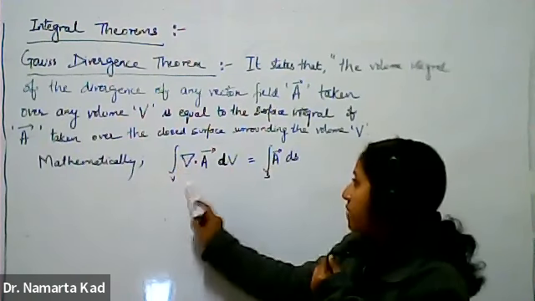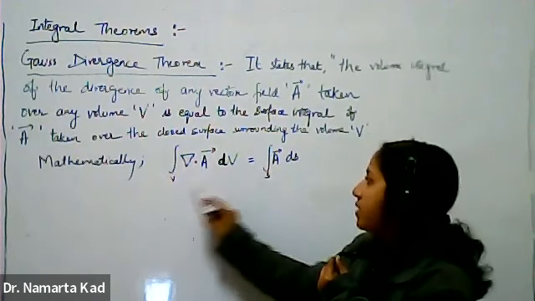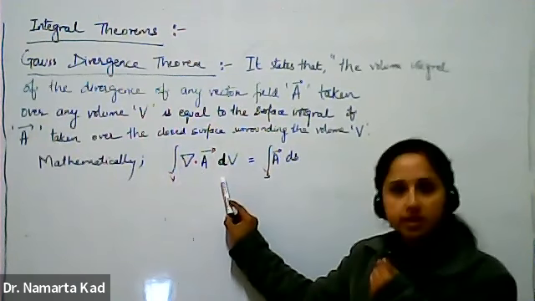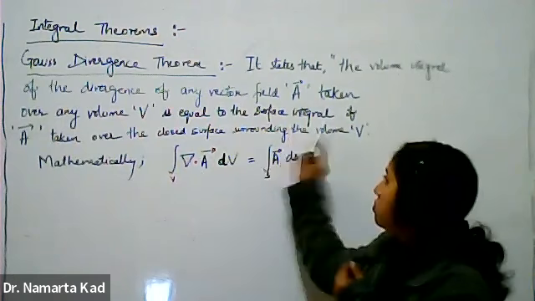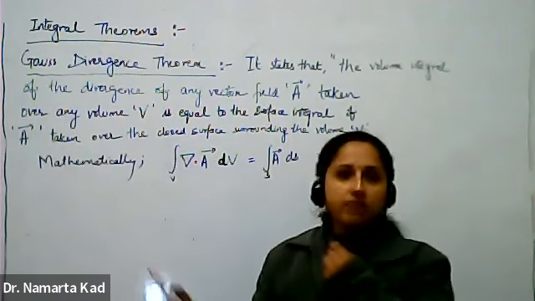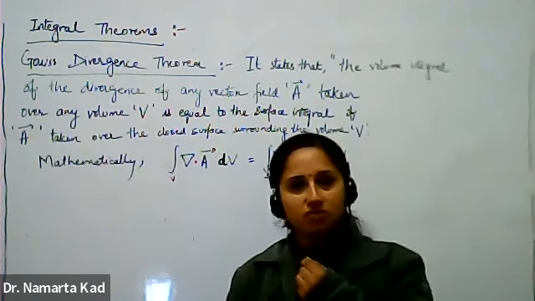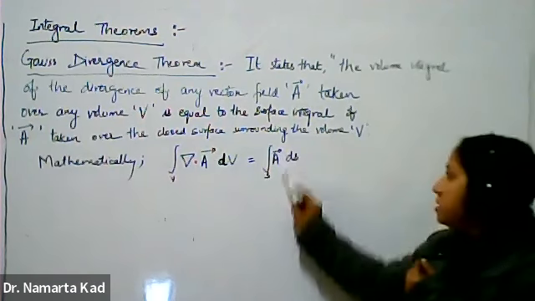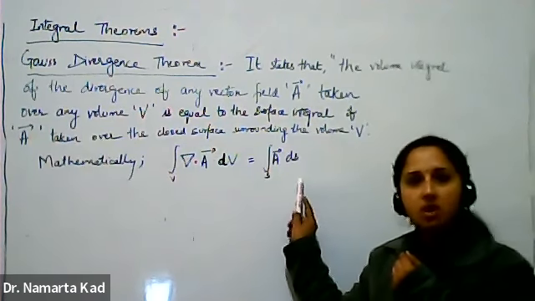So on the left-hand side it is del dot A with the volume integral, and this is equal to the surface integral of A vector taken over the closed surface.